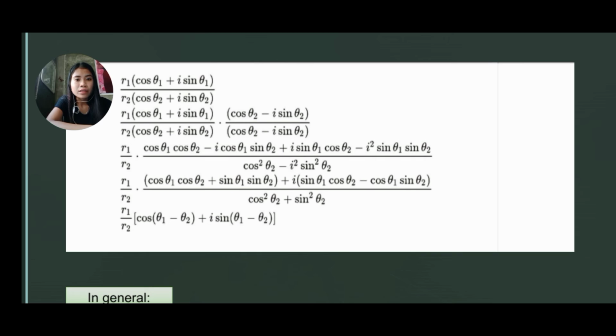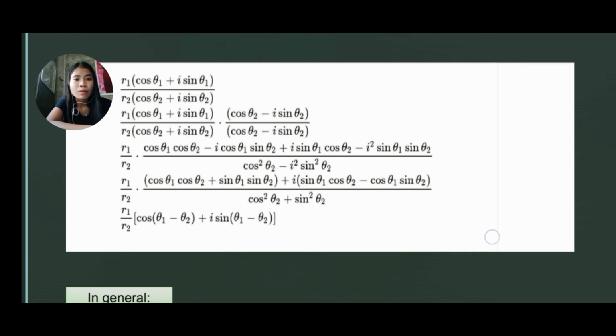Then we have r sub 1 over r sub 2 multiplied by the quantity cos theta sub 1 cos theta sub 2 plus sin theta sub 1 sin theta sub 2 plus i times the quantity sin theta sub 1 cos theta sub 2 minus cos theta sub 1 sin theta sub 2, over cos squared theta sub 2 plus sin squared theta sub 2.